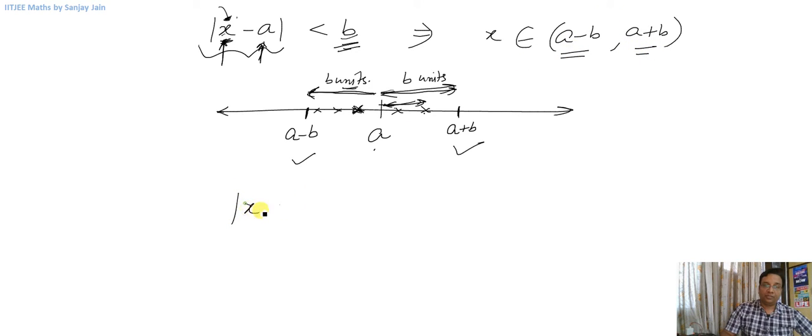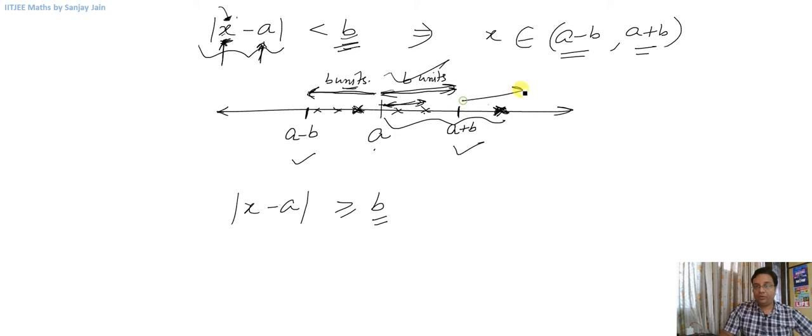So if I ask another question, that mod of x minus a is greater than or equal to b, now for it to be greater than or equal to b, let us say I have got a point here. Now this point is at a greater distance than this b units, right? So anything beyond a plus b or anything before a minus b will satisfy this, and there is an equality also, it is greater than or equal, right? So a minus b and a plus b will also satisfy. You can put a plus b here, a plus b minus a will become b, so that will satisfy it.